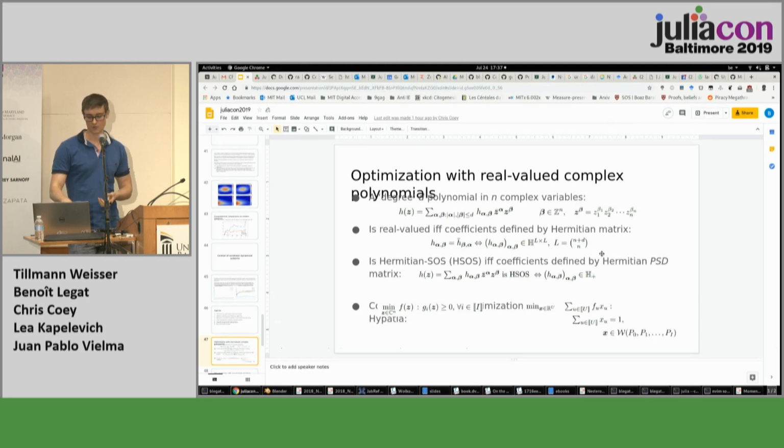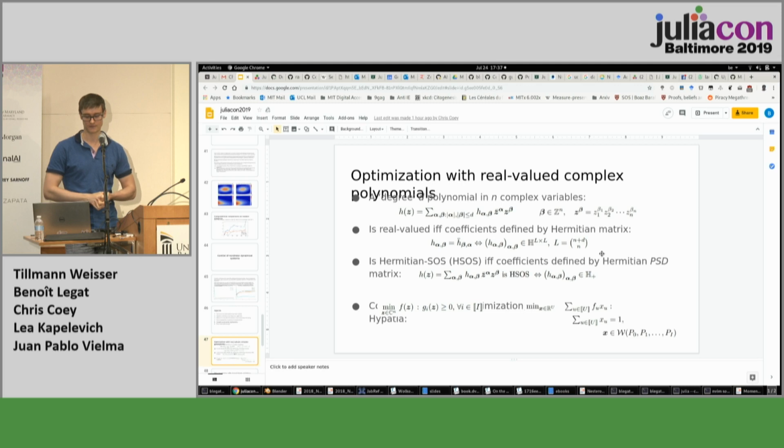So we have these complex coefficients H sub alpha beta. Beta and alpha are vectors in the non-negative integers, and z to the beta is a complex variable monomial.